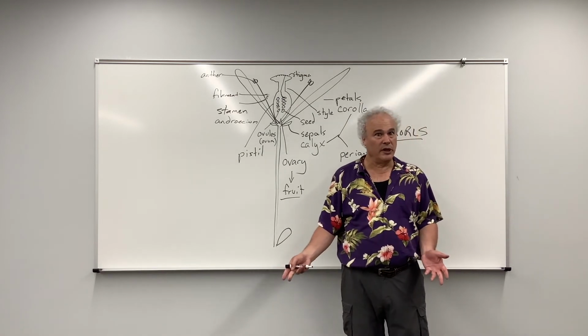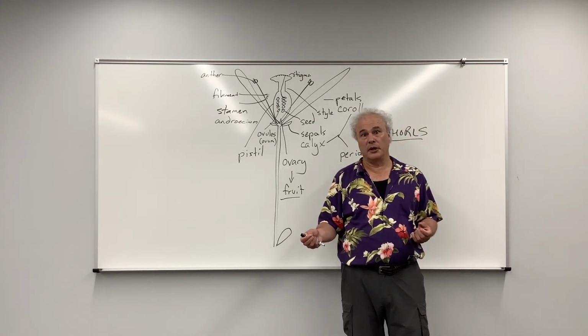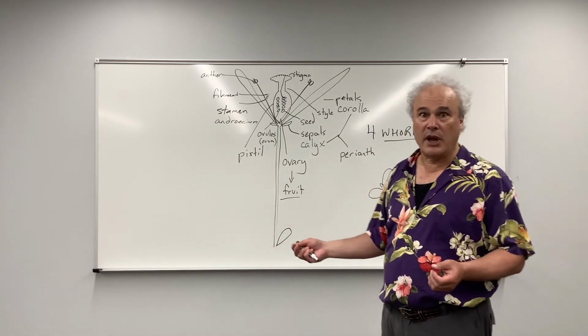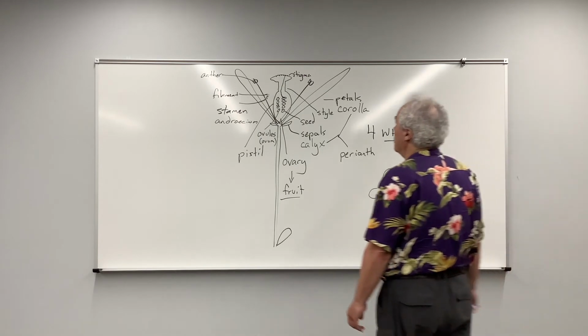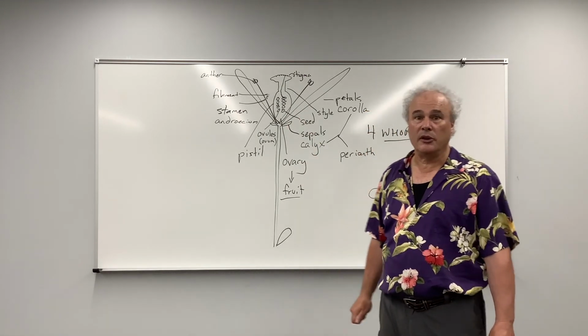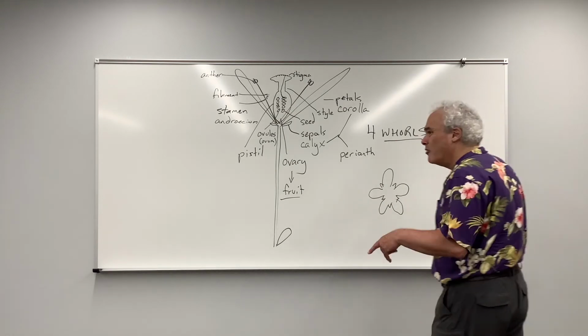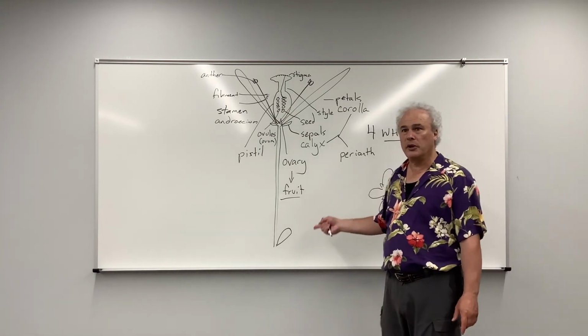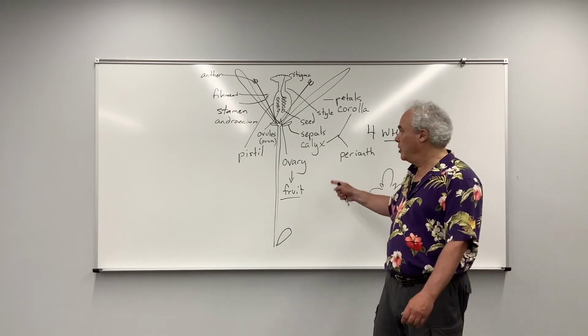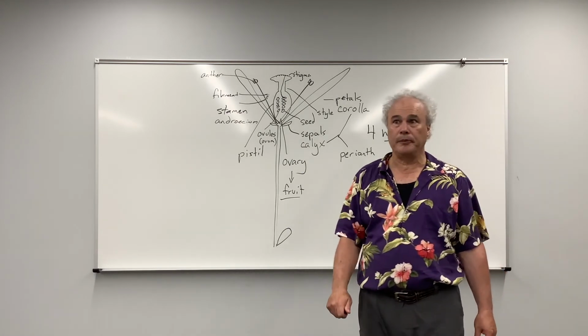And, interestingly enough, there are some flowers that just have male organs and no female organs, and obviously those could not bear fruit. And there are other flowers in the same species that would just have female organs, and those would bear the fruit. So not every flower turns into a fruit, or not every ovary from every flower turns into a fruit, but every fruit comes from a flower.